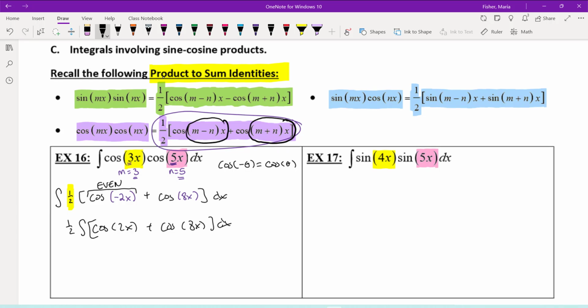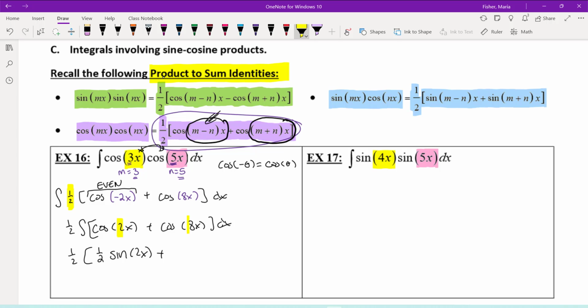Think of it this way. You could rearrange these terms where your m minus n is positive, so you would always have just an m minus n that's positive. Now if I integrate, well, this is linear, so I know I need to multiply it by the reciprocal of the coefficient of the x term, so in this case 1/2, and the integral of the cosine is sine.